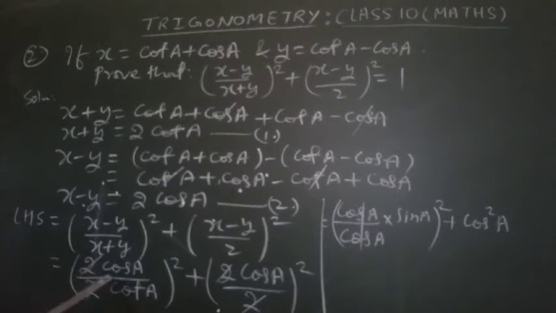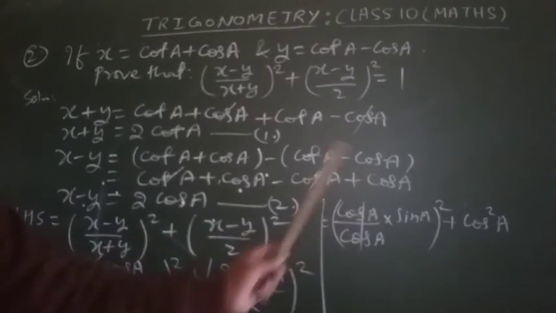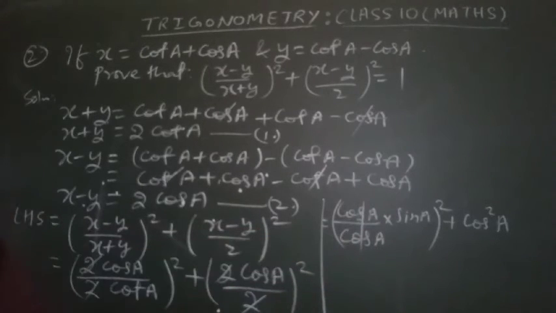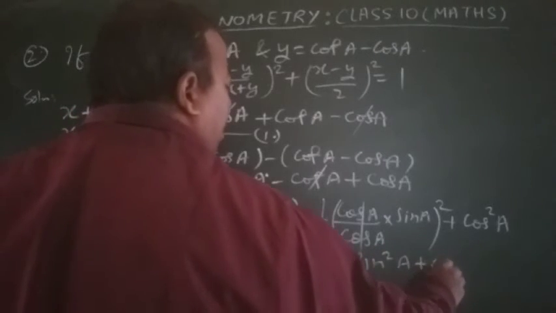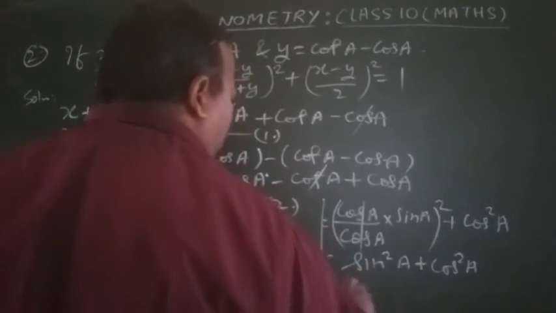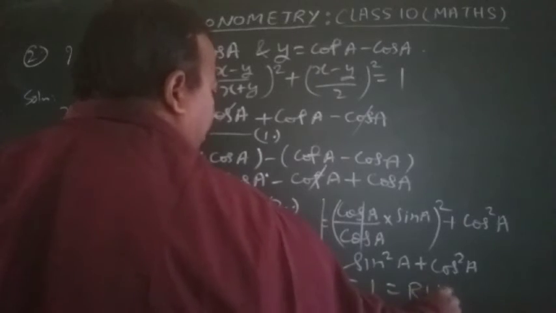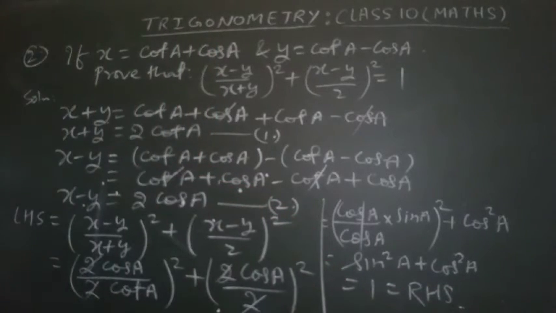Look at this. Cos A means cos A and cot A means cos by sine. Below sine will go up. The cos cancels. So here it will be sine square plus cos square and the value will be 1. It is the RHS.